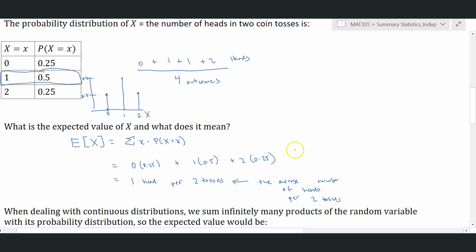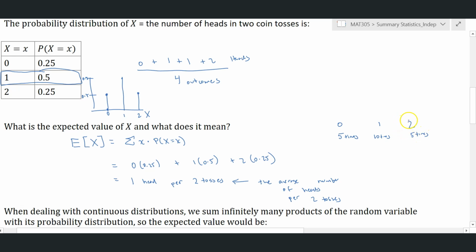So what this means is that if you were to repeat this experiment many times, if you were to toss a coin twice and you recorded the number of heads, and you kept tally of how many times you got 0, 1, or 2 heads, what you would expect to see is that, maybe out of 20 tosses, and randomness may not make it exactly this amount, but let's just say this happened 5 times, this happened 10 times, and this happened 5 times.